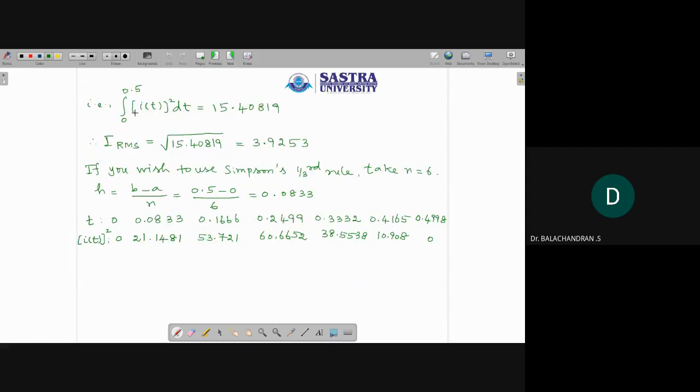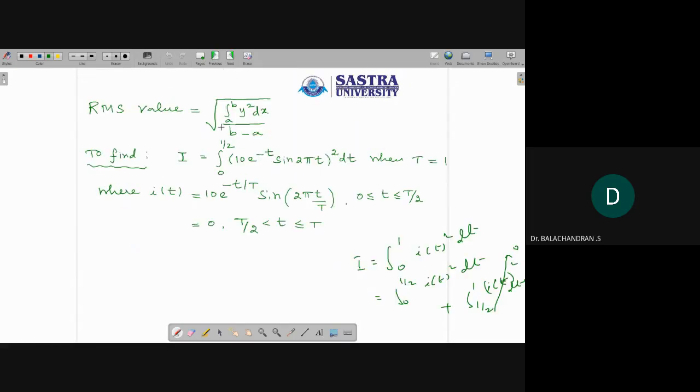So I got 15.40819. But I need the RMS value. RMS is the integral from a to b of y square dy divided by b minus a.